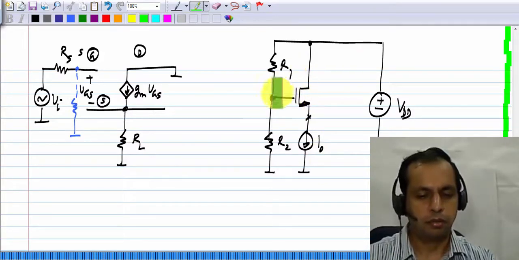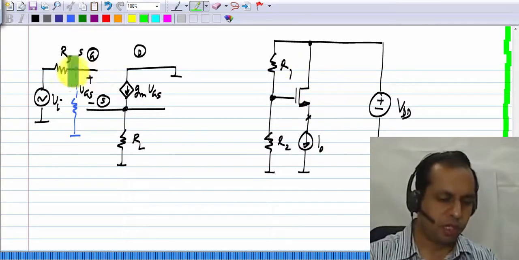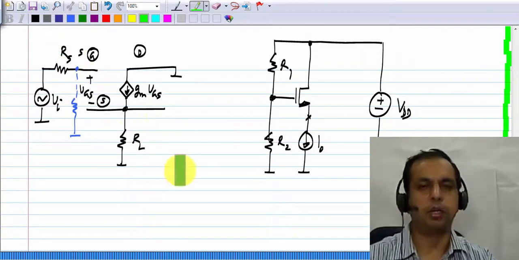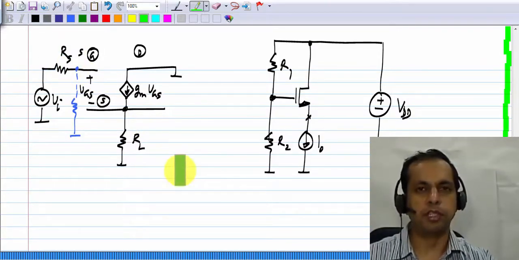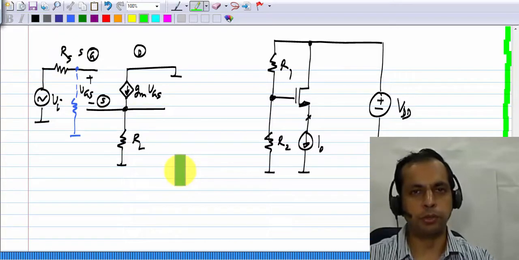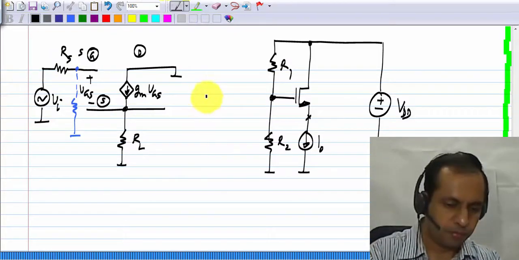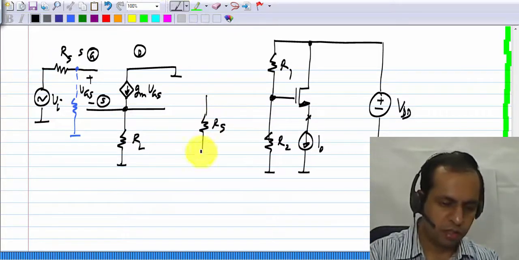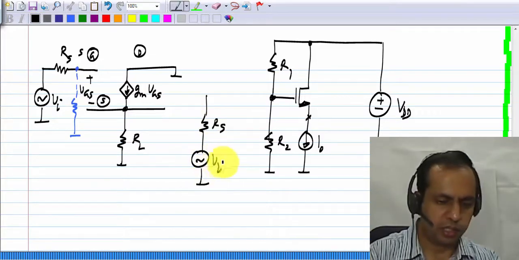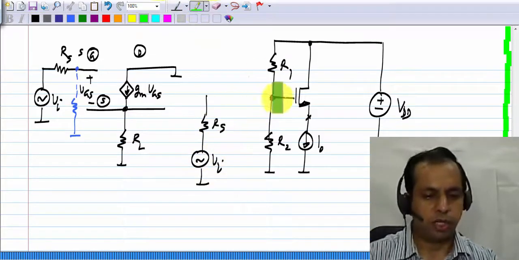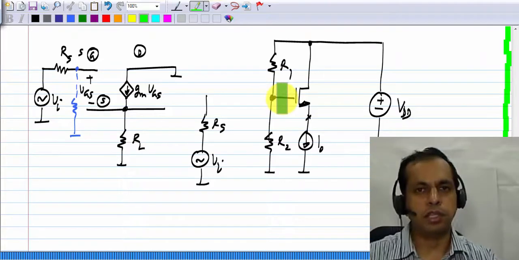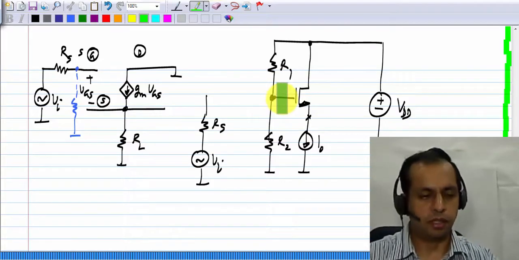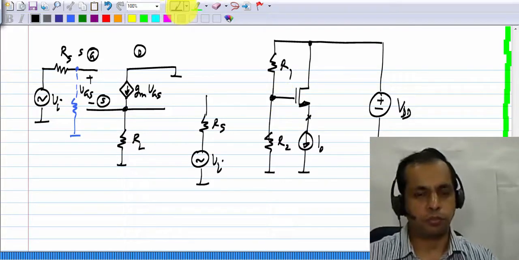Now we have to somehow connect the input source to it and the load to it. We have done this so many times, it's quite easy. I'm sure you can do this with your eyes closed. We have the signal source Vi. Now how do I connect it to this? Again, I will use the constraint that I've been using for all the circuits so far.